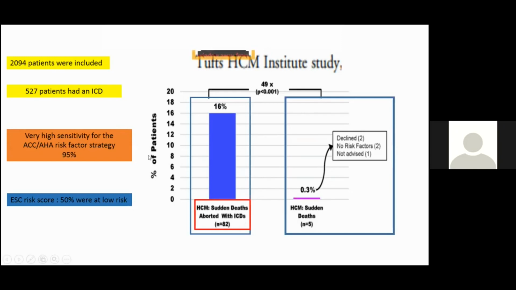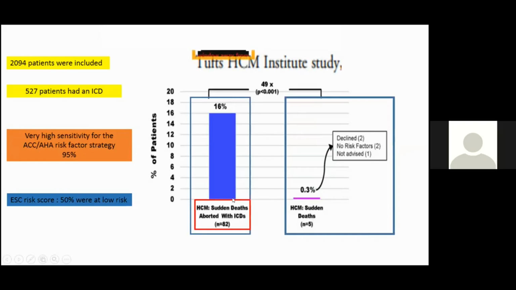If we divide 527 by 82, we find a ratio of 6 ICDs for 1 life saved, which is a very good bargain. And if we look at patients who haven't been implanted with an ICD, it's just a very small percentage, 0.3%, of those who have had sudden cardiac death.